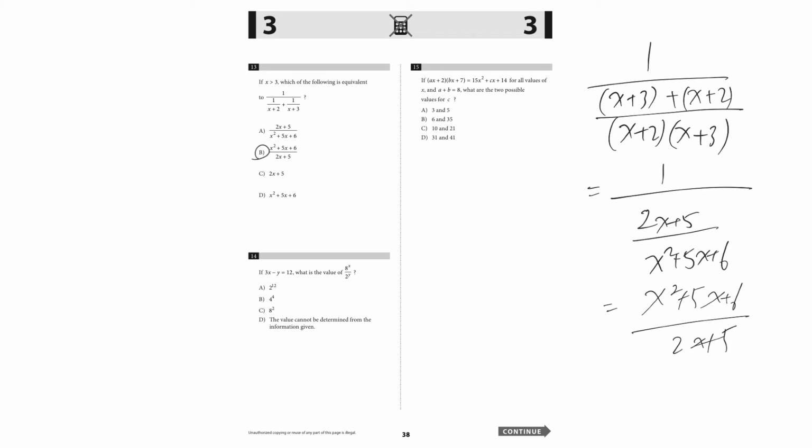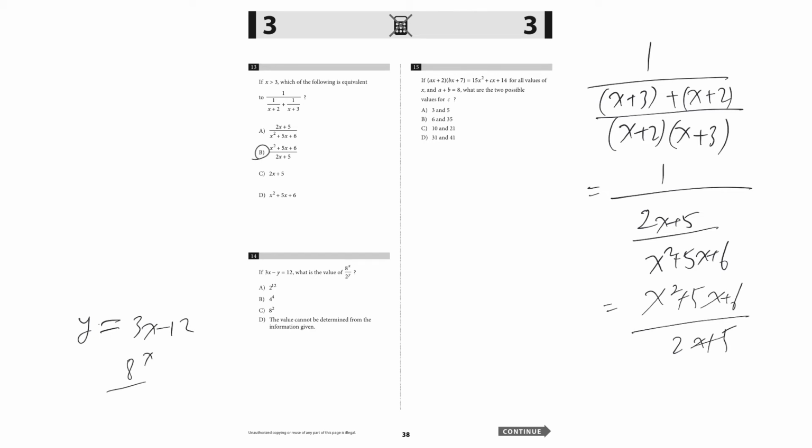3x minus y is equal to 12. What is the value of... okay, so I'm going to rearrange the equation for y. That means y is equal to 3x minus 12.